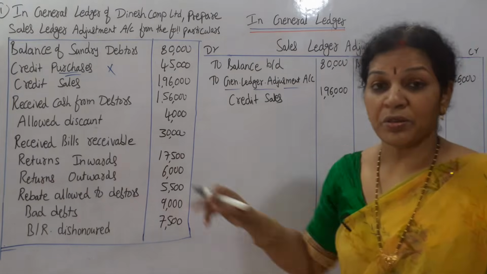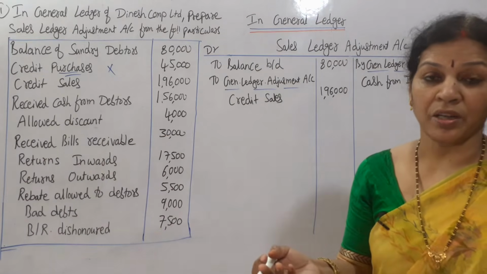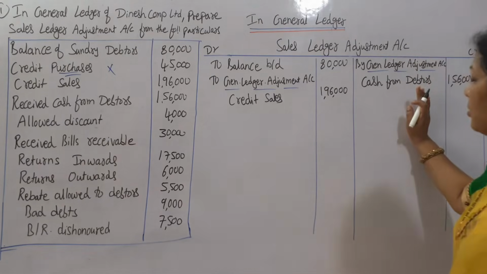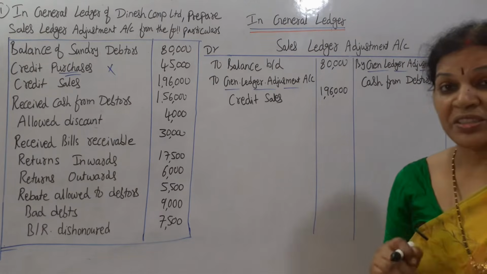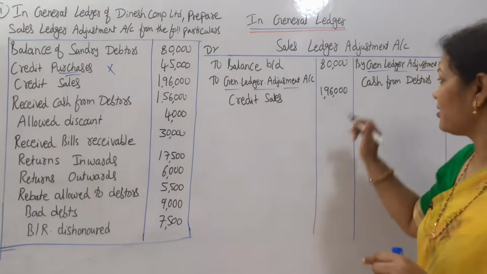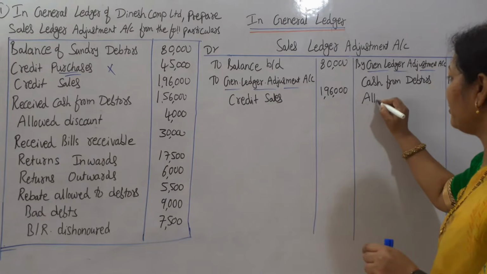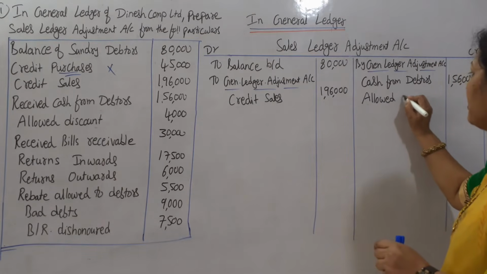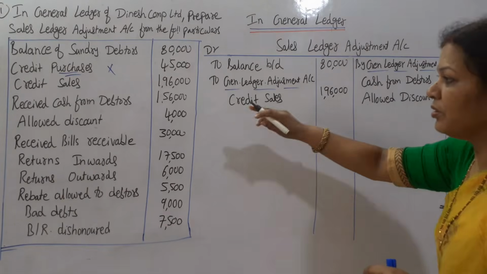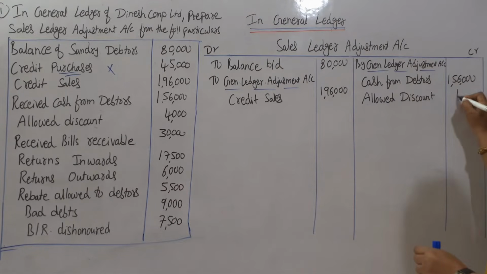Next, allowed discount. Allowed discount is always to the debtors only, right? Allowed discount, credit side. If we receive discount, it is creditors. Allowed discount, debtors. So I am writing here allowed discount. How much allowed discount? 4,000.